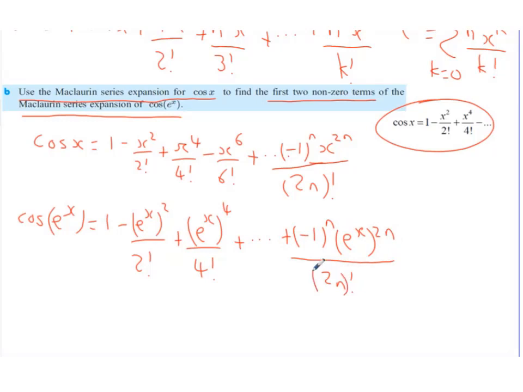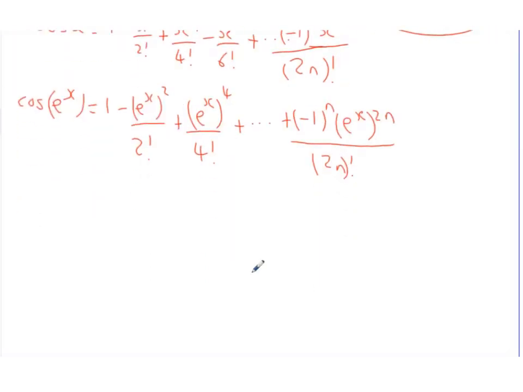And then let's just think about what that means in terms of just basic index laws. What is e to the x squared? What is e to the x to the power 4? So that looks like this. 1 minus, well, e to the x squared is e to the 2x over 2 factorial plus e to the 4x over 4 factorial plus dot dot dot plus then we've got minus 1 to the n.